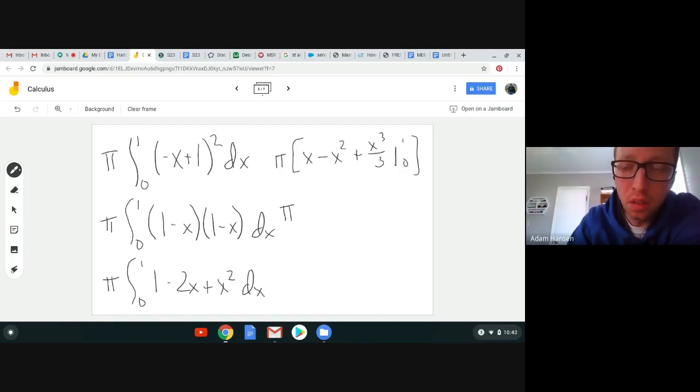Plugging in 1, not necessary to plug in 0, would give me 1 minus 1 plus 1/3.